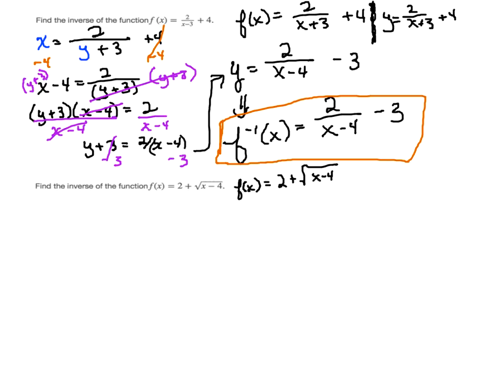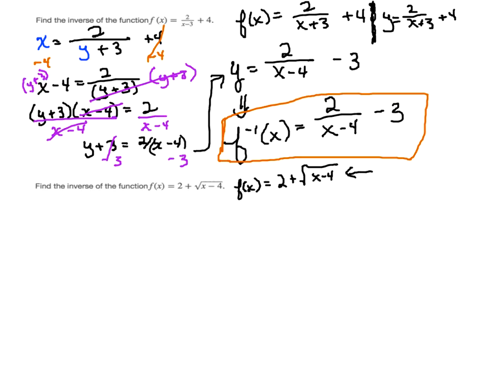You can't plug in 3 to the first one, so you'd have a restricted domain on your inverse function as well. In this next one, you can't plug anything in less than 4, because if you do, you're going to be creating imaginary numbers under the square root. So don't forget, when they start asking you about domain and range, be careful about that.